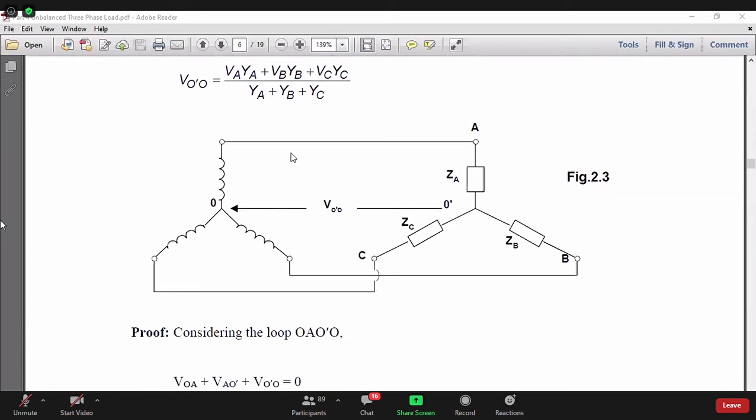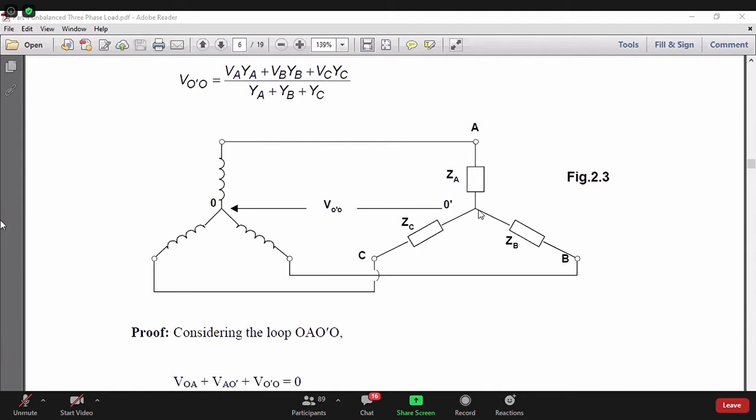Well, look here. I am going to apply Kirchhoff's voltage law, considering a loop O, A, O prime, O. Now, immediately you will ask me, there is no connection between O prime and O, how can you take it? Who has told you that there is no connection between O prime and O? Is it correct that there is no connection? That is incorrect.